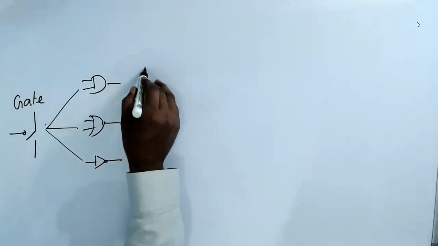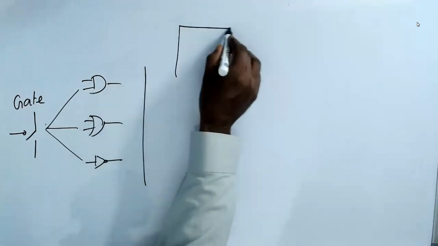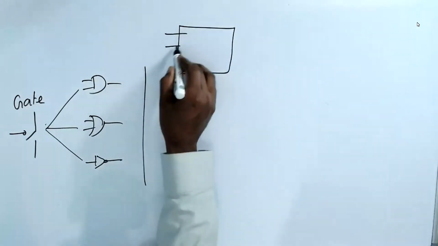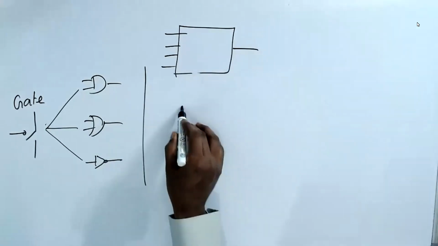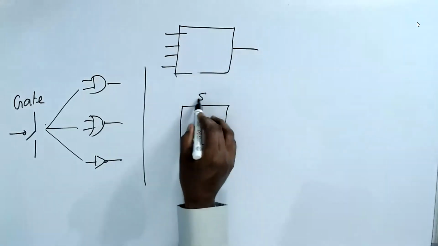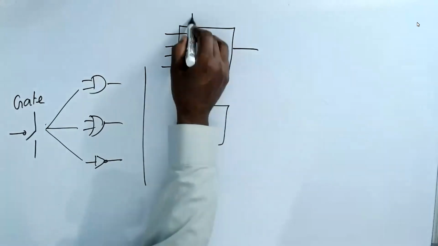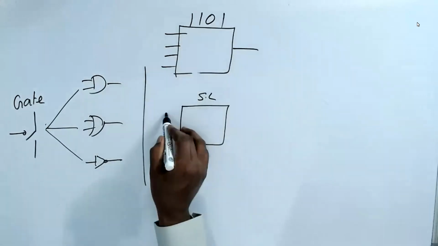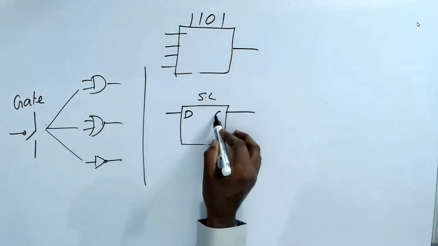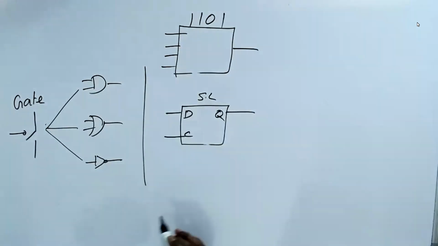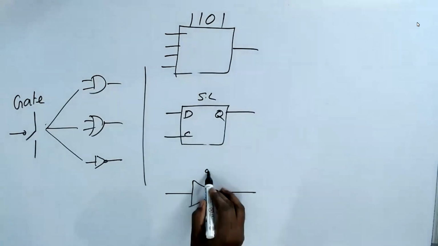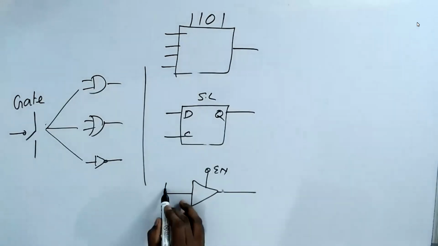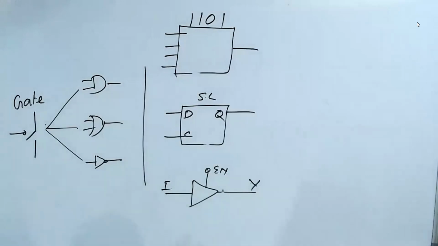The application of this, we discussed: combinational logic with multiple inputs, sequential logic, which has a name, and here D, Q, C. And tri-state logic: enable, input, output.